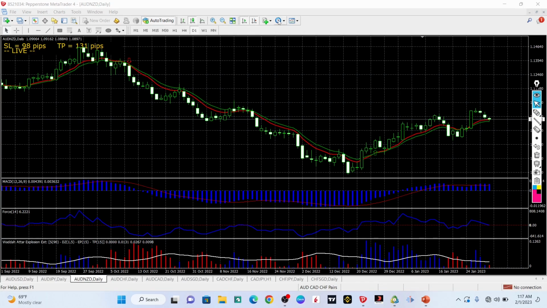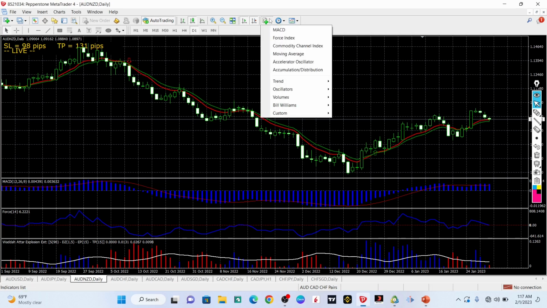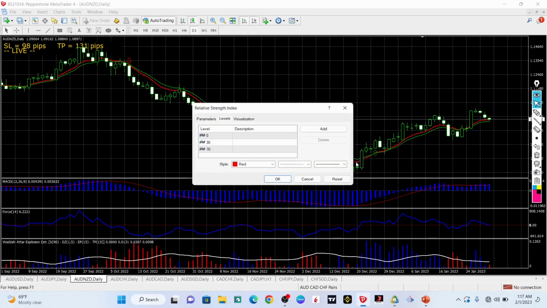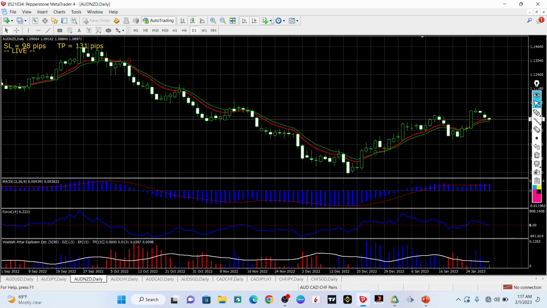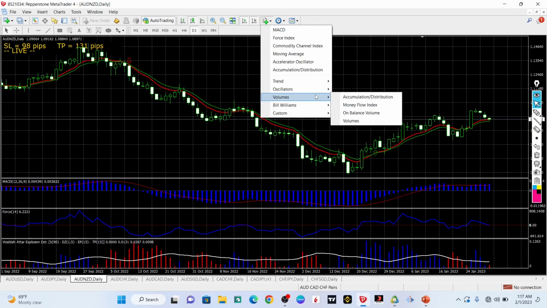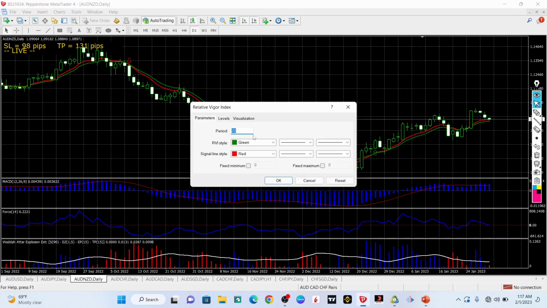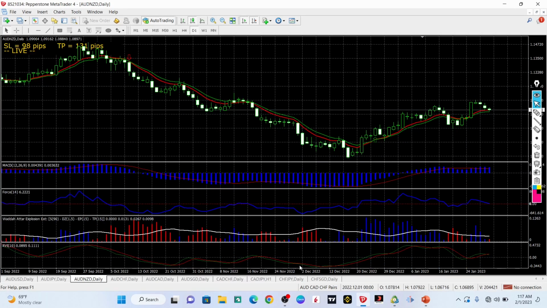So we can add in some of these indicators that can be used to exit a trade, an oscillator. We can use the relative strength index, surely. No. We can use the relative vigor index, maybe. We can leave it at that period, sure. We shall try to alter.